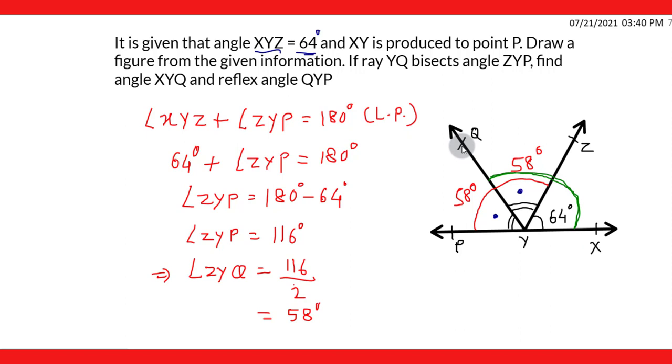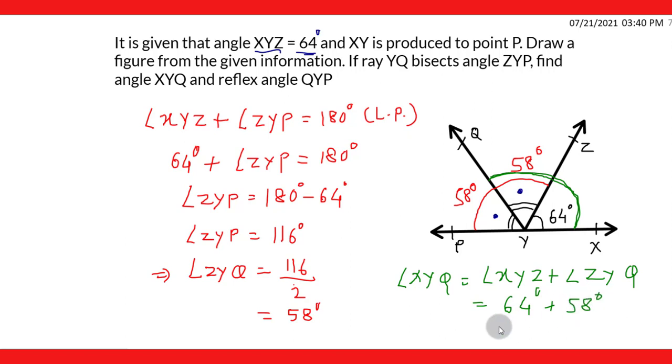Yes, it is correct what you are saying, that the sum of these two angles will be the angle XYQ. Therefore angle XYQ is equal to angle XYZ plus angle ZYQ. Both angles we know, this is 64 degrees plus this is 58 degrees, and therefore their sum will be what? 64 plus 58, that is 122 degrees.